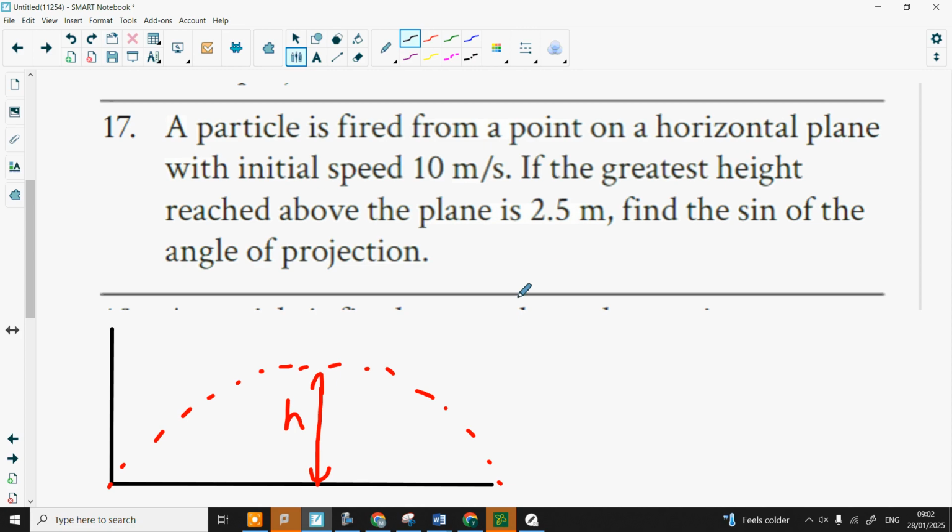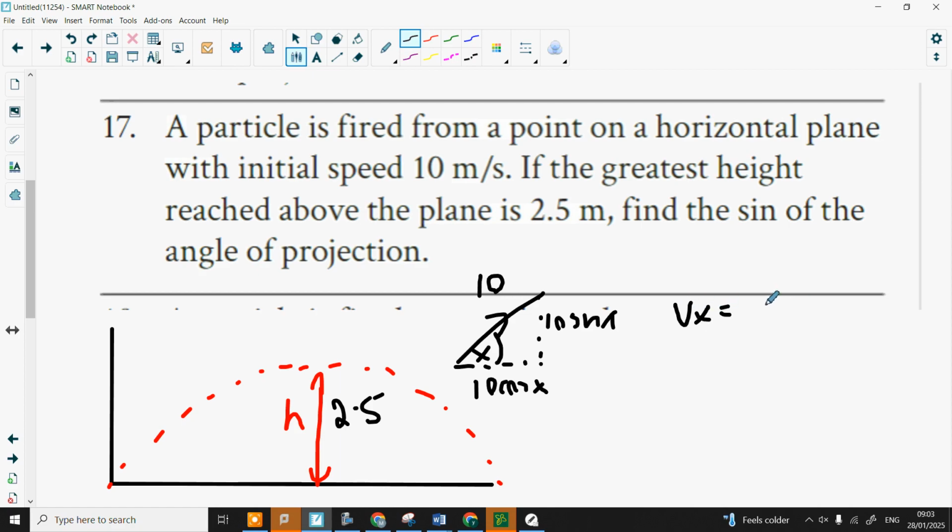Next thing. It's 2.5. And then we're going to break up our components for 10, aren't we? So what's 10 again? Call it angle X. So what are we saying? 10 cos X and? Now what's Vx then? Vx, anybody? 10 cos X, yeah.